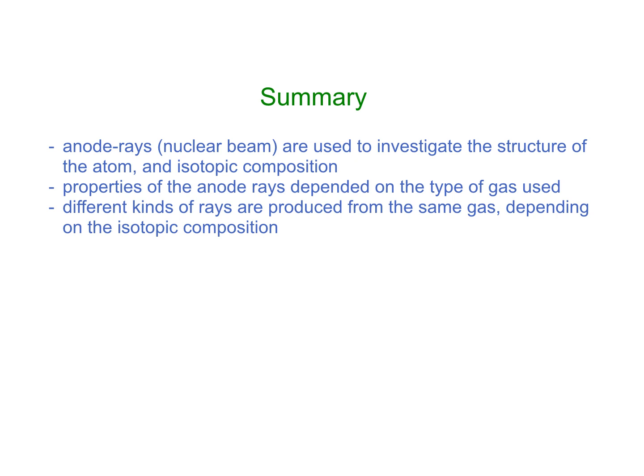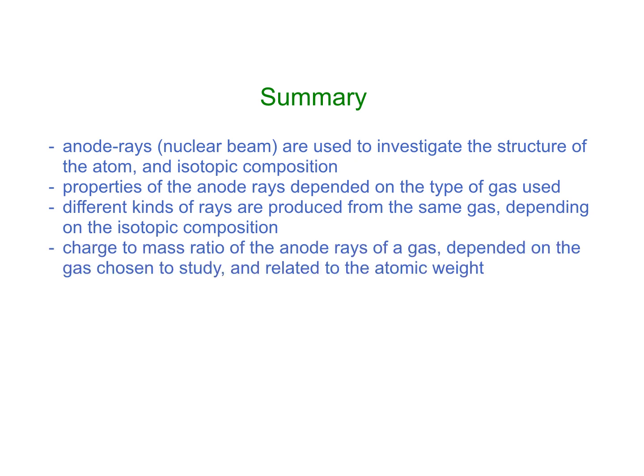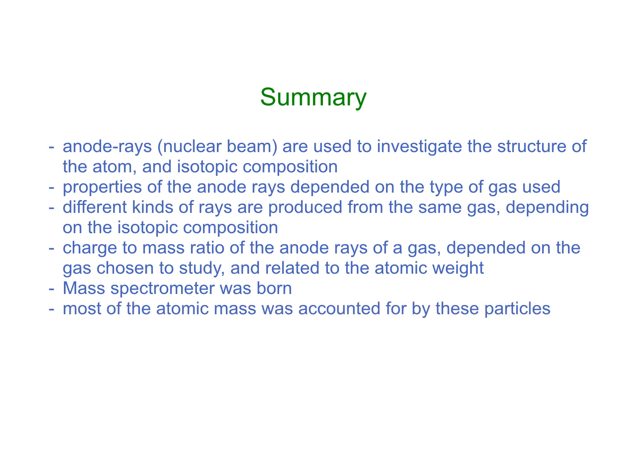Different kinds of rays are produced from the same gas, and therefore it is because of the presence of isotopes. Charge to mass ratio depends on the gas chosen. Therefore, the positively charged entity has different mass and charges from element to element. And the mass spectrometer was born.